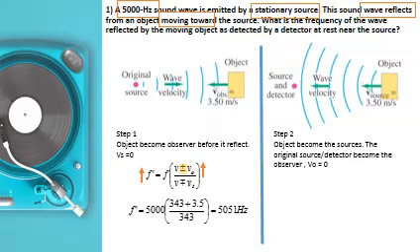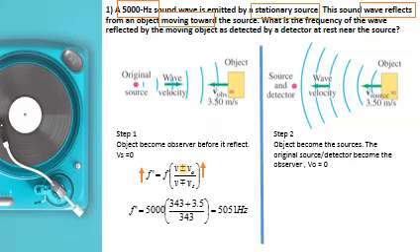So for step 2, the object now will become the source, because it will reflect the frequency produced by the original source. Now the observer is static, not moving. The source is the one that is moving, at 3.5 meters per second.